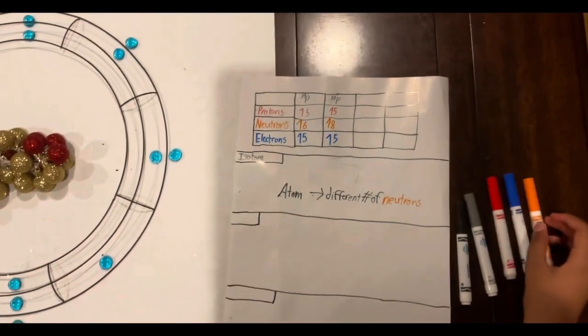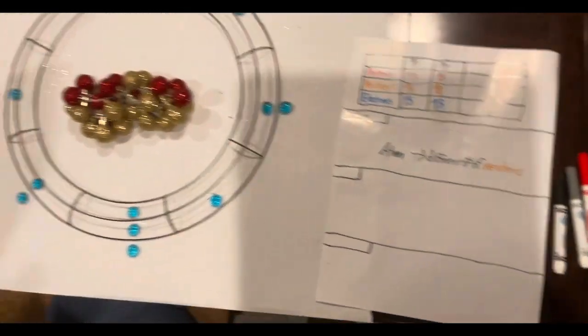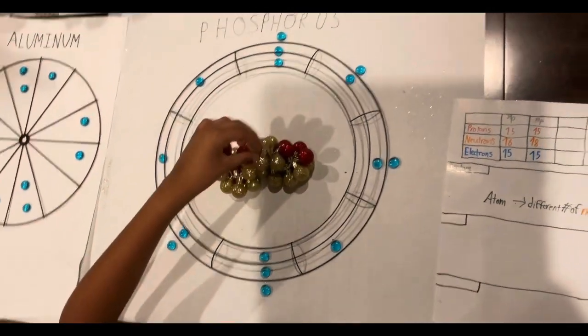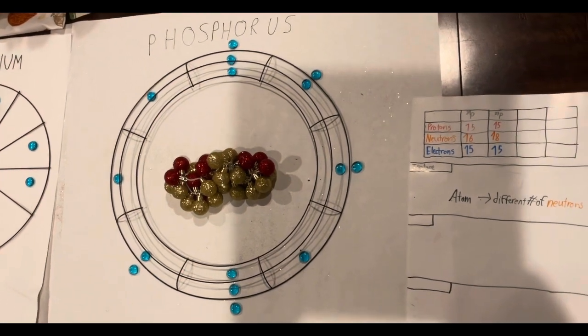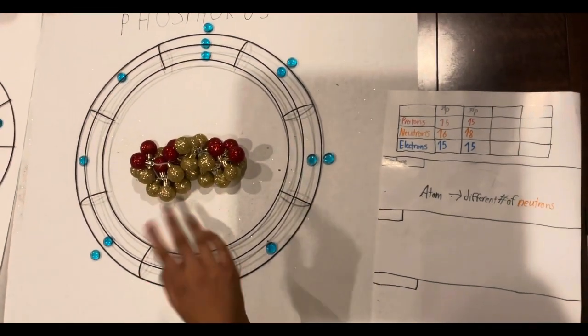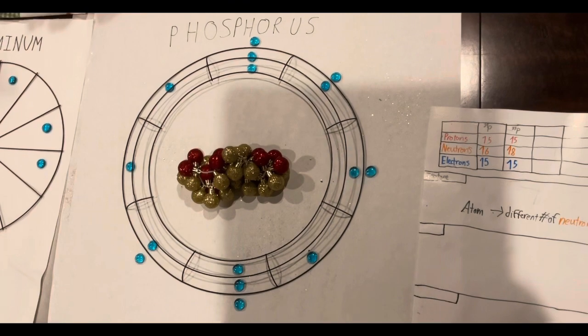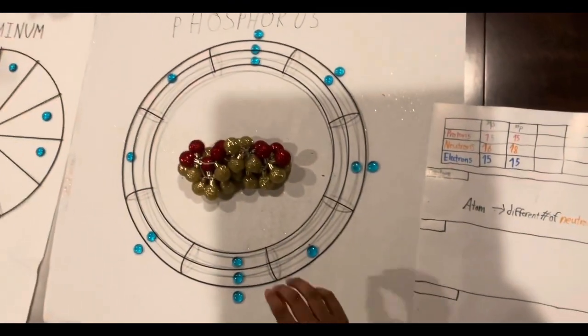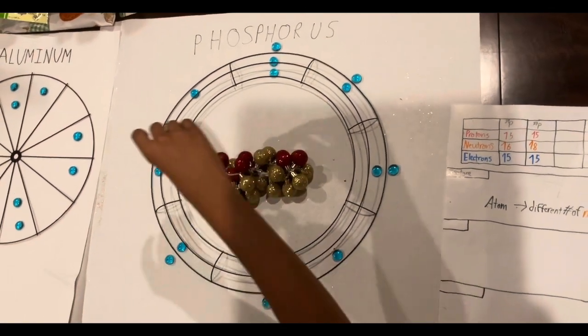So let me just put an extra 2 neutrons to turn this phosphorus 31 into phosphorus 33. Here we've got phosphorus 33 now. And I think that's pretty cool. All right, let's turn this back into phosphorus 31 for a second.